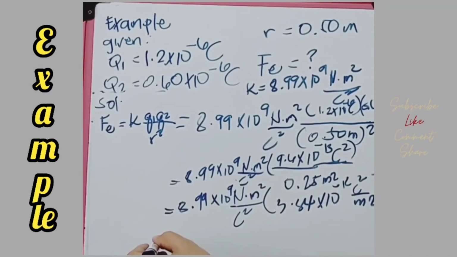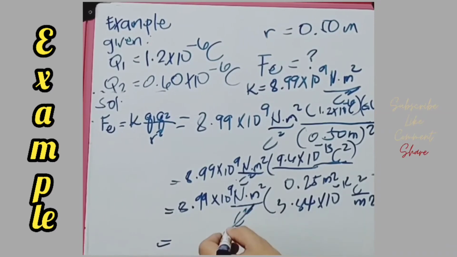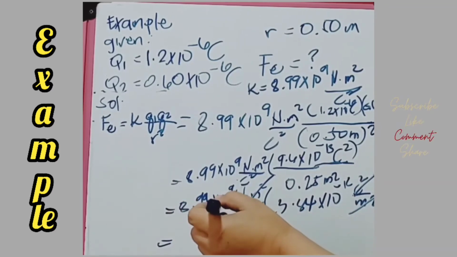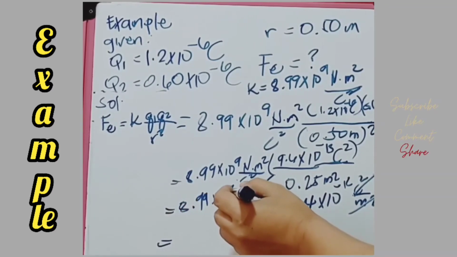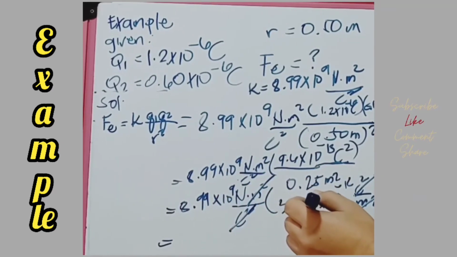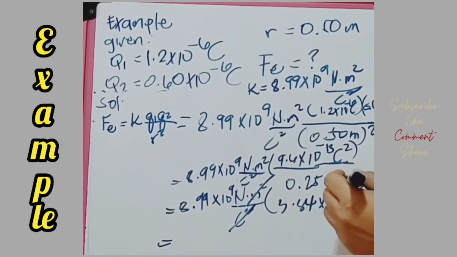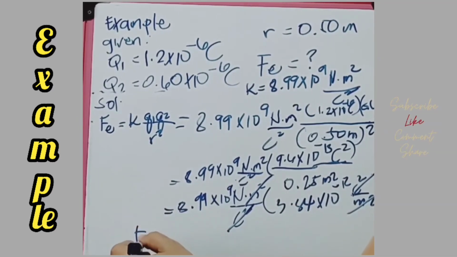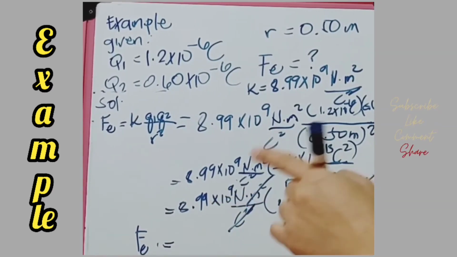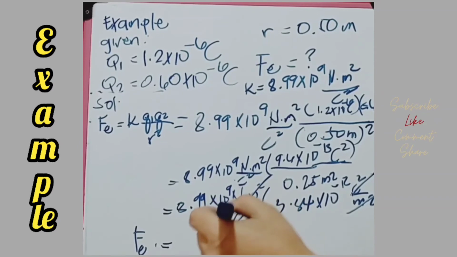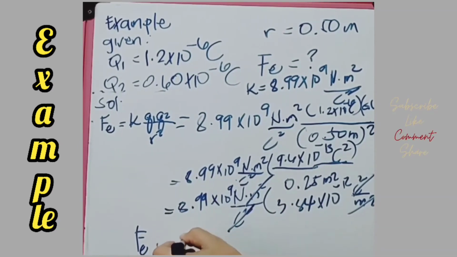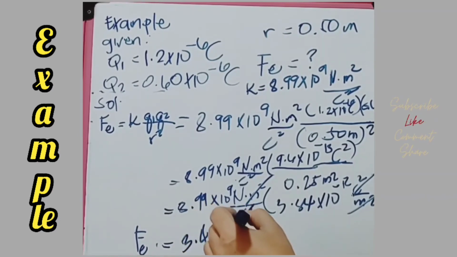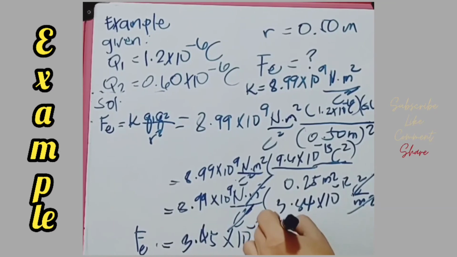Okay, so that is equal to, we can cancel out now C squared over m squared. So we will multiply now 8.99 times 10 to the power of 9 Newton times 3.84 times 10 to the power of negative 12, and your result is equal to, this is your F of E between Seth and Francine, is equal to 3.45 times 10 negative 2 newtons.